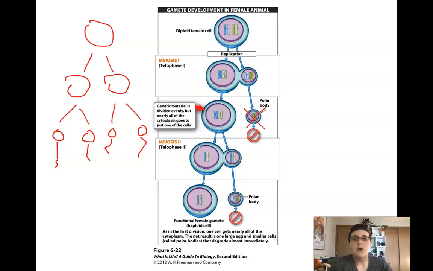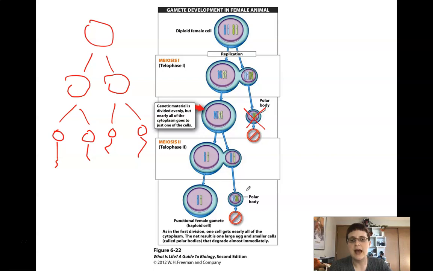Pretty much all of the cytoplasm and cell parts are here. This is going to undergo meiosis 2. And the same thing's going to happen. In telophase, you're going to get the material divided up, but it's not going to be even. So you're going to get the nucleus on one side with not really anything else, and all the other stuff with the nucleus on the other side.